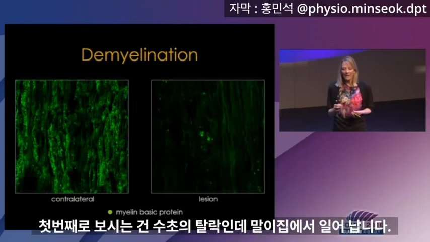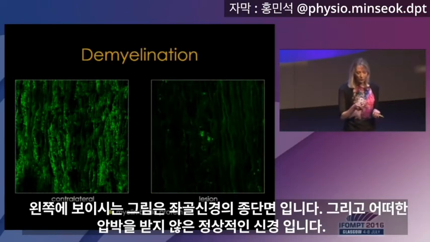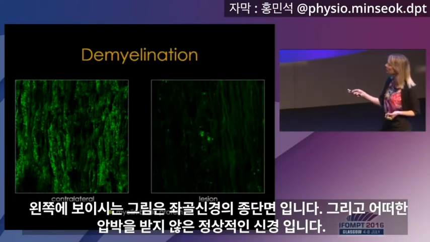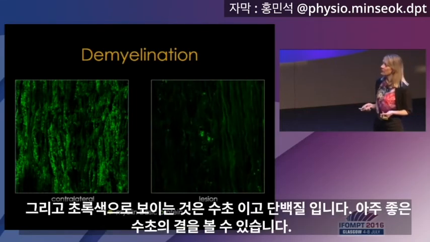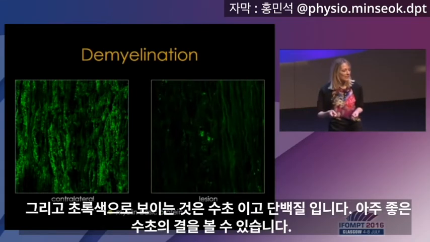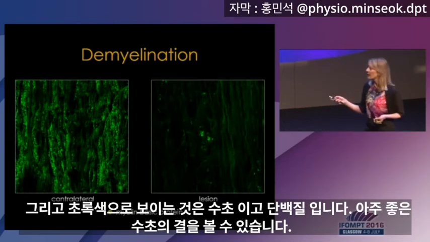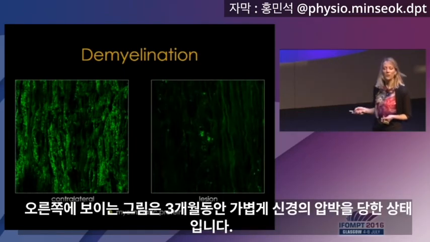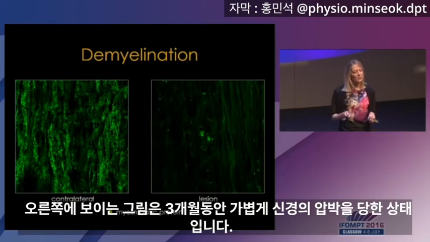Now, first of all, let's look at the demyelination of those larger fibers, or the myelinated fibers. This is a longitudinal section through a sciatic nerve. The nerve on the left side is a normal nerve that has not been compressed. And the green stain is the myelin, stained with myelin basic protein. And you can see a really nice myelin sheath. On the right side is the nerve that has been compressed over 3 months very lightly.